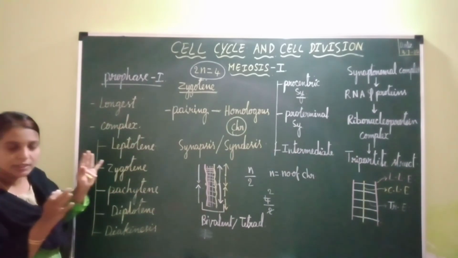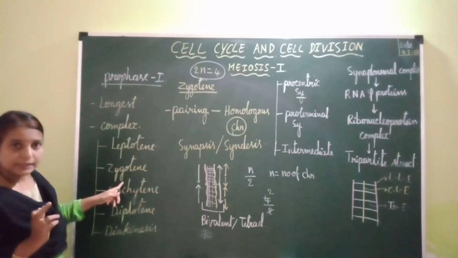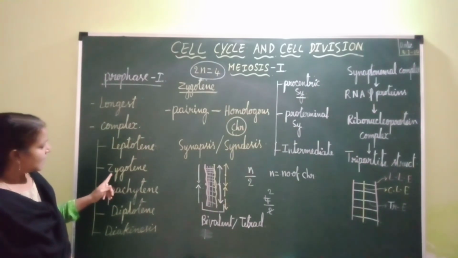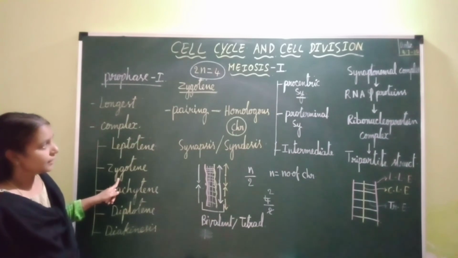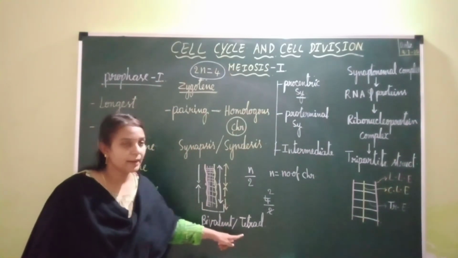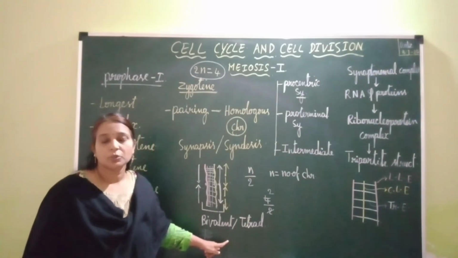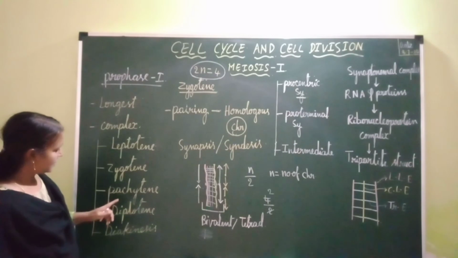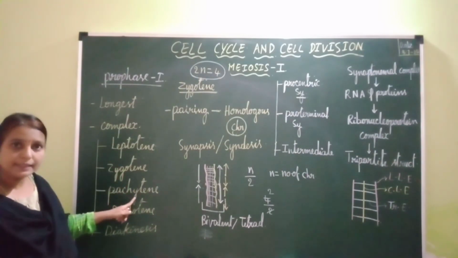So zygotene is marked by pairing between homologous chromosomes and formation of bivalents and tetrads. So this is all about zygotene. Next, let's proceed with the next stage of Prophase-I, that is pachytene.